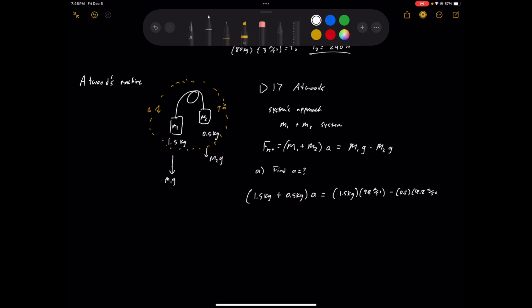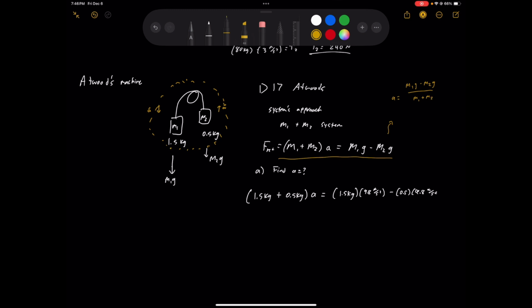I think it's also good to see it via algebra, right? So let's say we didn't even have the values. It's good to see how to write it out and simplify using just algebra. So here I would just divide both sides by M1 plus M2, right? So A is equal to M1G minus M2G all over M1 plus M2, right?